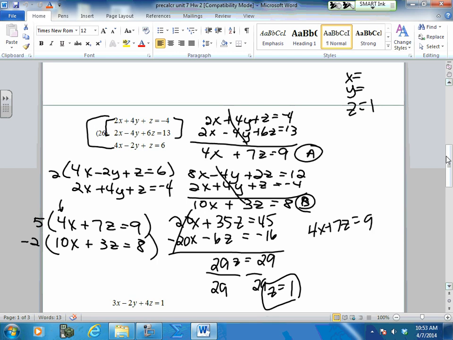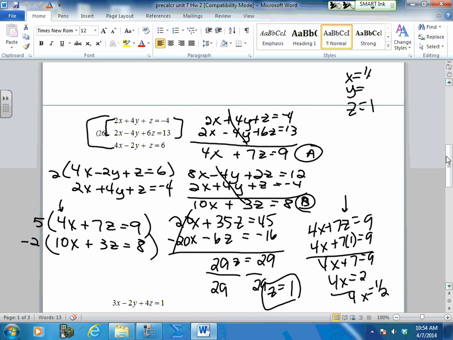He's picking our A choice, and now we're going to plug z in at 1. Subtract 7. So what does x equal? I got to divide by 4. X is equal to 1/2.